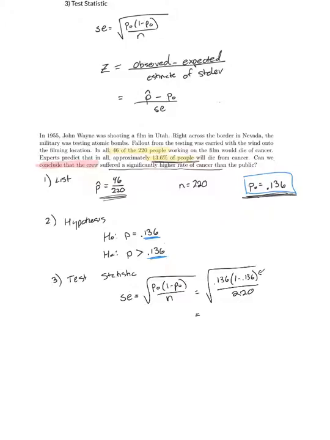That is, we can rewrite it as the square root of 0.136 times 0.864 divided by 220. Which will give us, after we round it to once again 4 decimal places, 0.0231. This is our expected variation between samples, if in fact our assumption is true.